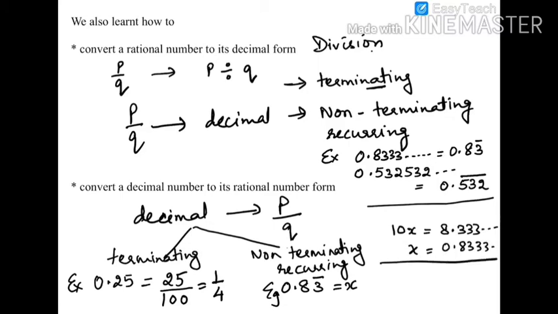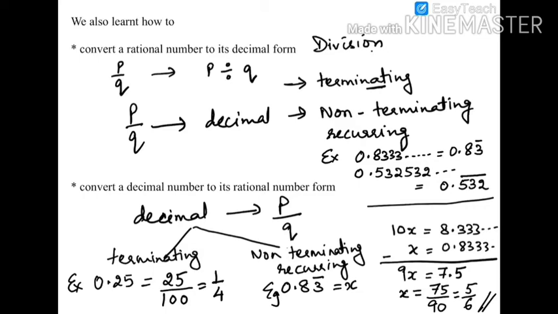So on the right side of these two equations, the decimal part is same. Now we can subtract, so we get 9x equal to 7.5. So x will be equal to 75 divided by 90, and in the lowest form it will be 5/6. I have given this example so that you can recall the actual process.